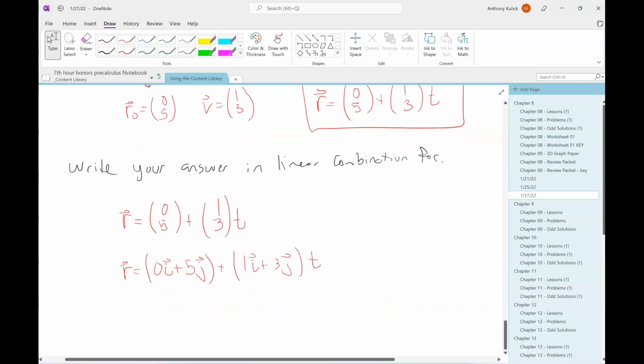And then what I want to do is the scalar multiplication. So I'm going to distribute the t through, collect the i parts together and factor out the i, and then collect the t parts together to factor out the t.